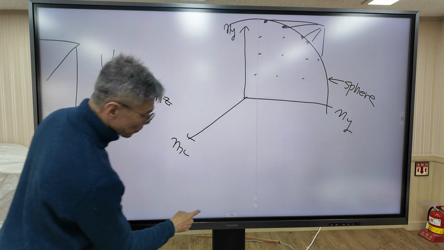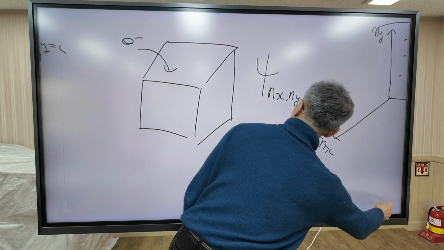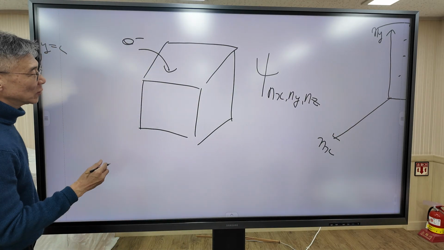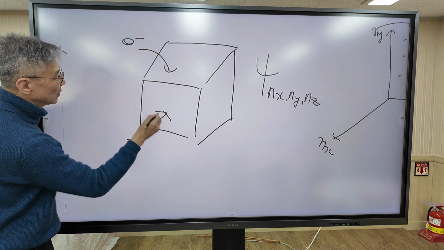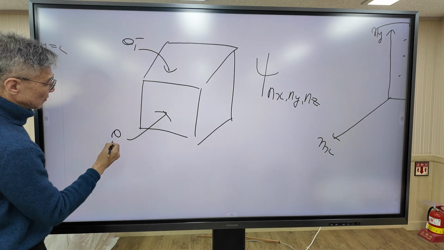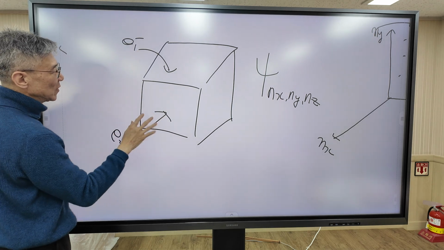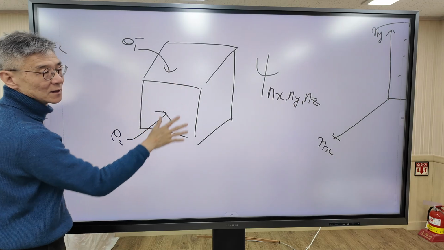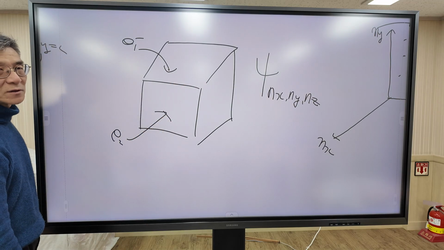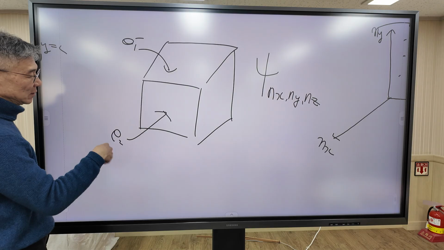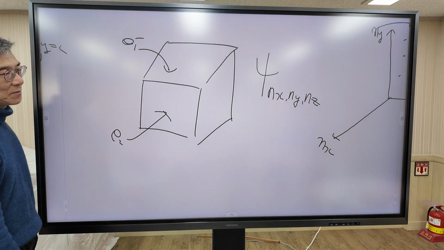Now we are going to put in another electron, so the first electron and the second electron are placed in the box. Then how many quantum numbers are needed to represent the two-electron system?